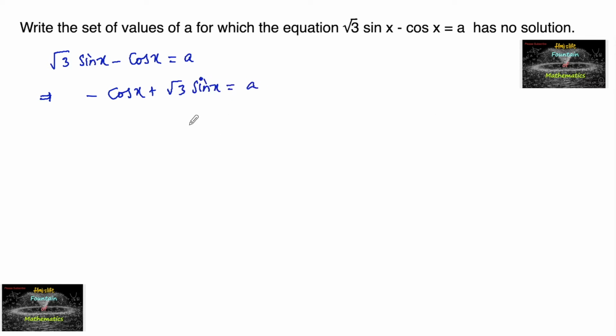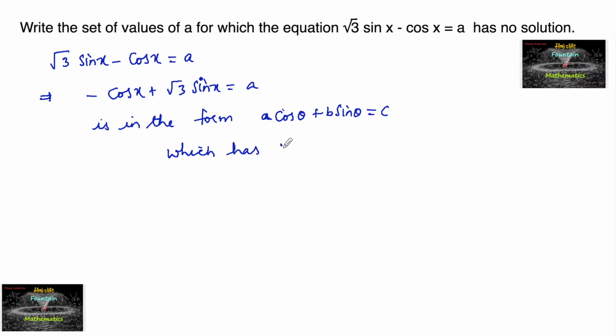So it is in the form of a cos theta plus b sin theta is equal to c, which has no solution for mod c greater than root over a square plus b square.